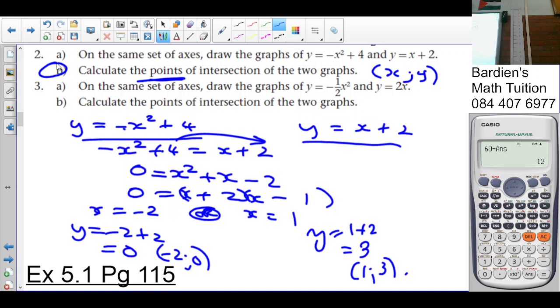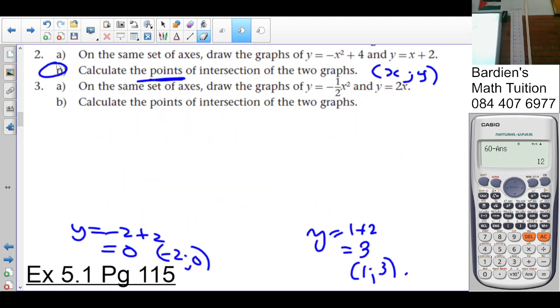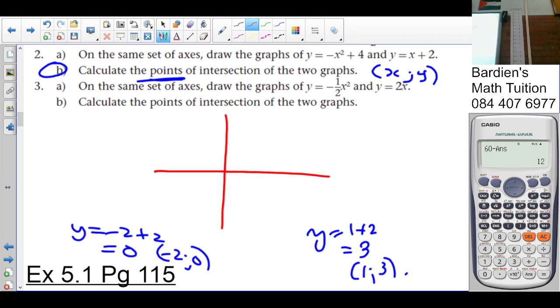Also coming back to this here, if I had drawn this graph, let me show you what it's going to look like. So if I had drawn this graph here, that of course, did I ask you to draw? Yes. So that's going to be negative 2 and 2, 4. And if I draw the other graph, the positive 2 graph will of course go through there. Not so.